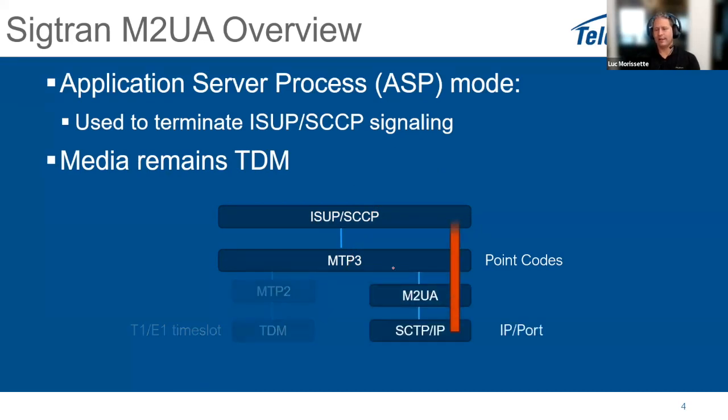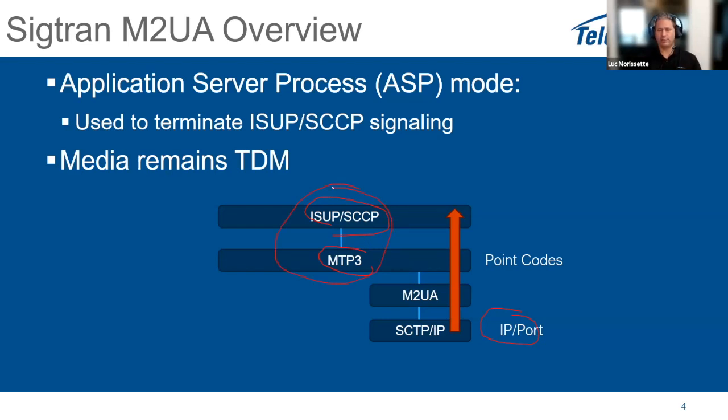We can do the same with M2UA. So instead of receiving TDM traffic over T1 E1s and time slots, we can receive them with IP and ports. So you get the M2UA information, but the upper layers are still MTP3, still ISUP, SCCP. There's no change on these layers.